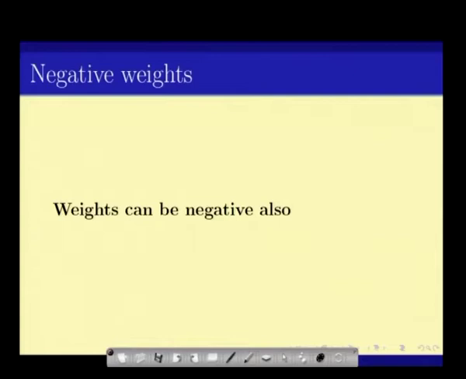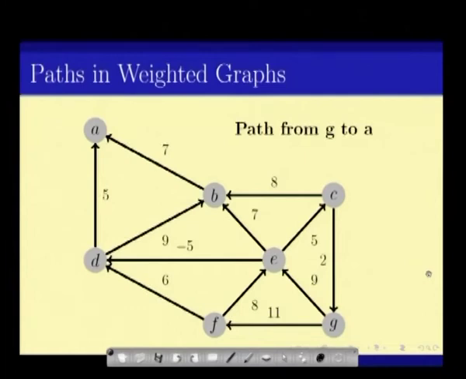Note that the weights assigned to these edges do not necessarily represent distance; they can represent very different things. As we had discussed earlier, graphs are used to model various mathematical or algorithmic problems. So, it is not hard to believe that the weights can also represent negative numbers. For example, in this graph, say the weight of the edge E to D is -5. So, it is a negative number.